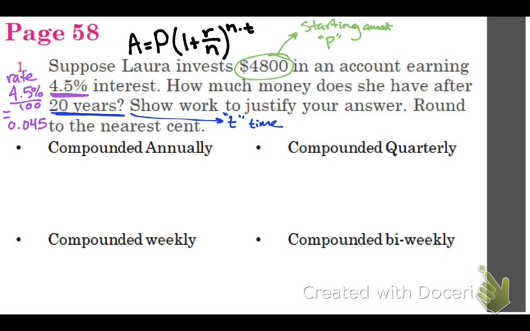Once a year. That's happening annually. So if something's compounded annually, how many times is it happening per year? Just one time. So annually means once per year. That means our n is going to be 1.